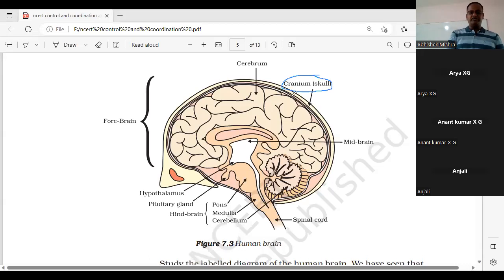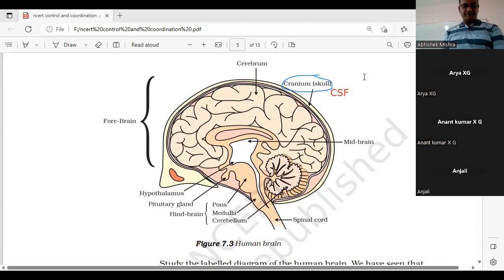Now, below the cranium is the cerebrospinal fluid, CSF. What is the function of the cerebrospinal fluid which is present below the skull? It protects the brain from any shock or injury.